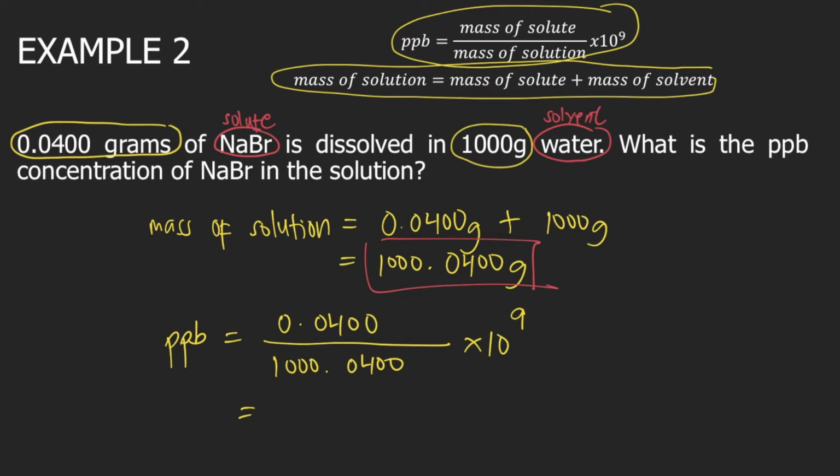And if you solve this in your calculator, 0.0400 divided by 1,000.0400 times 10 raised to 9, this is equal to 39,998, and the unit is ppb. So this is the answer to the question.